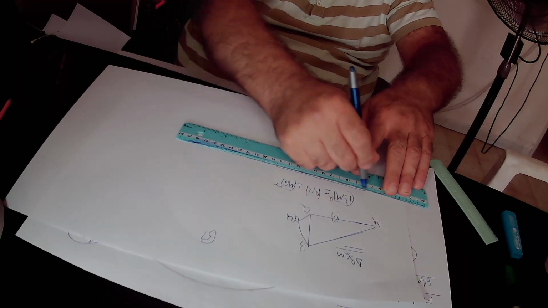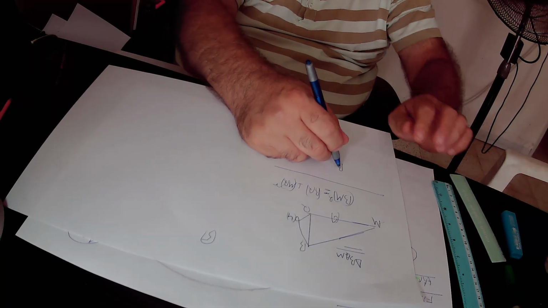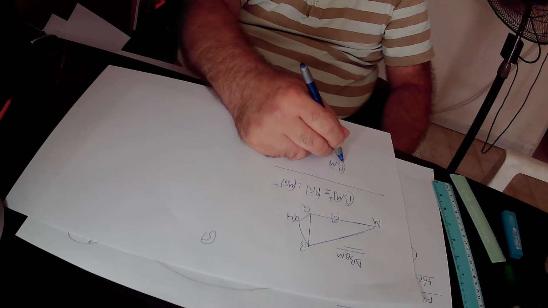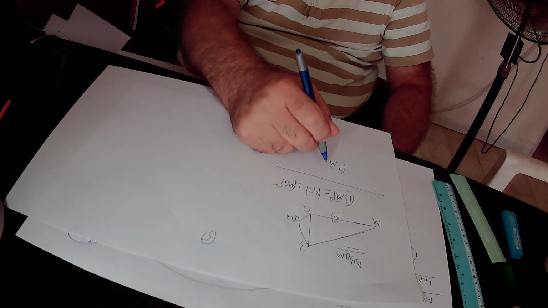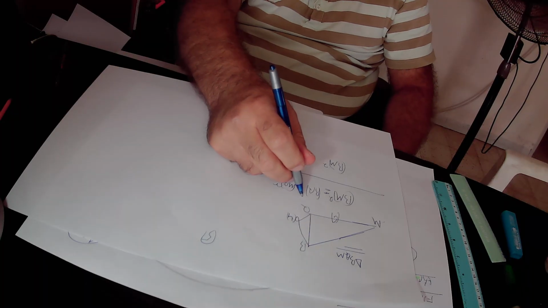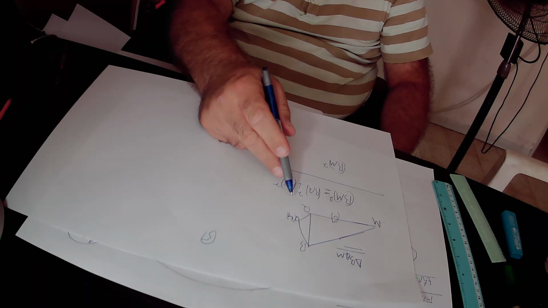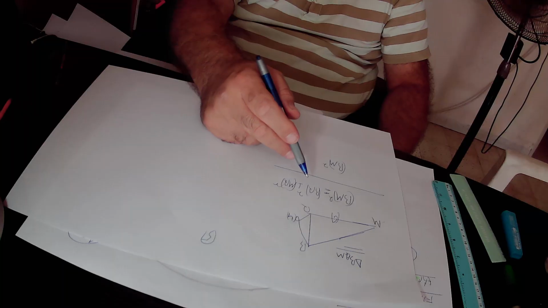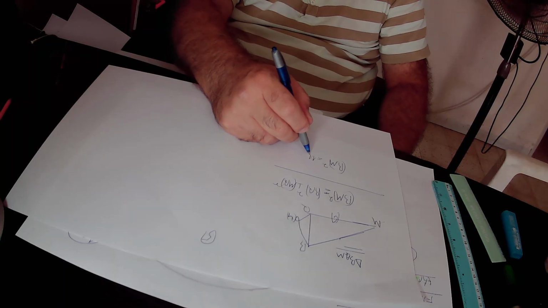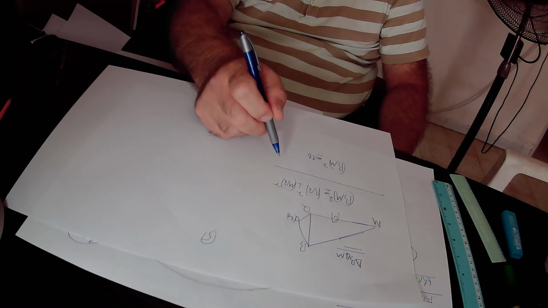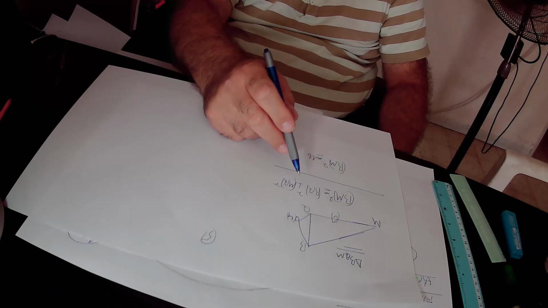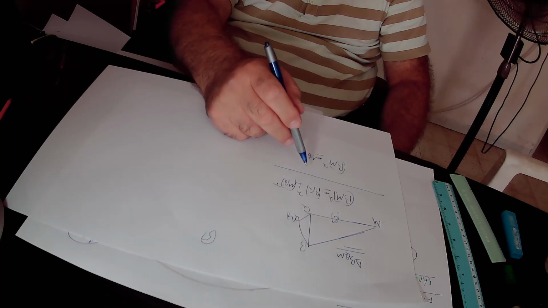BM is the missing side, so BM squared equals BQ squared. BQ is 4, therefore BQ squared is 4 squared, that is 16. Plus MQ squared. MQ is 6, therefore MQ squared is 6 squared, that is 36.